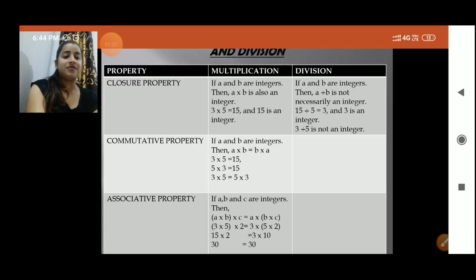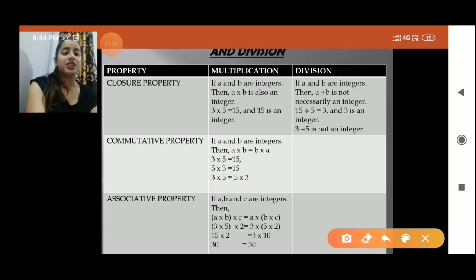Now, associative property of multiplication. It states that if we take 3 integers and multiply them in different order, like for first, you can see a into b is multiplied first and the answer is multiplied with 2. That is 3 into 5, which gives 15, and 15 into 2 is 30.